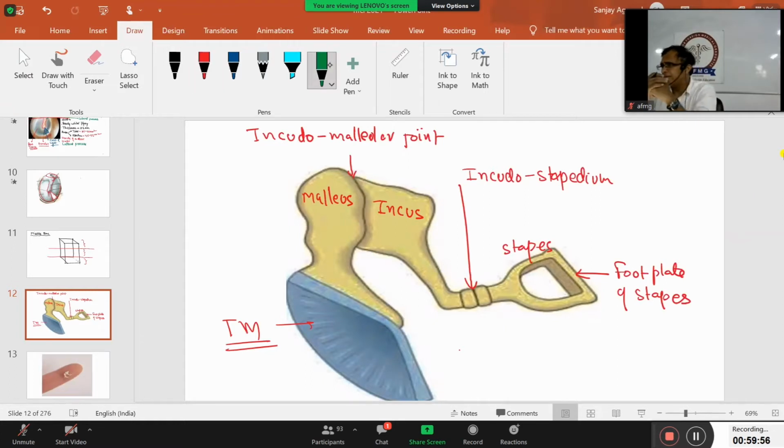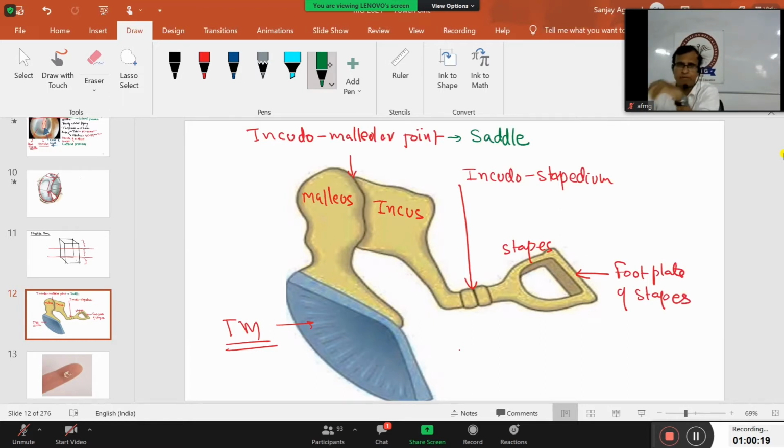Now from the orthopedics, you must be knowing that there are many types of joints. So all the joints in the body, you must know which joint is one type. The same question here. What type of joint is the incudo-malleolar joint? Saddle joint.